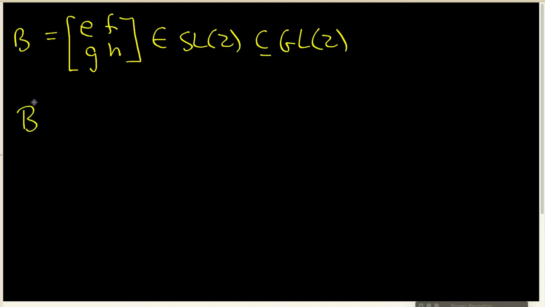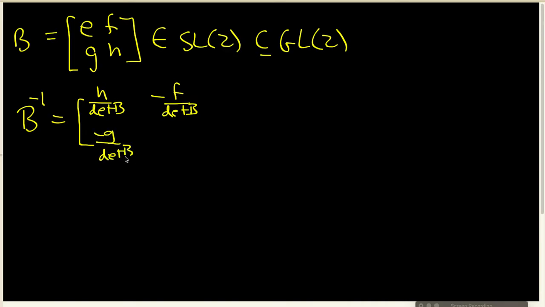And inside GL2, the inverse of a matrix is formed by looking at H over the determinant of B, minus F over the determinant of B, minus G over the determinant of B, and E over the determinant of B. And so this is B inverse.